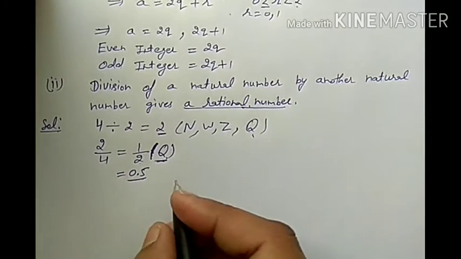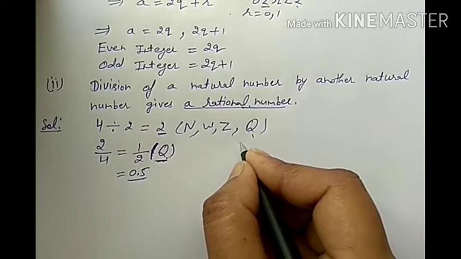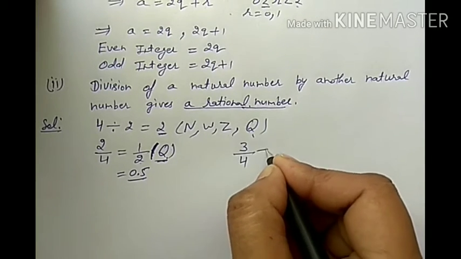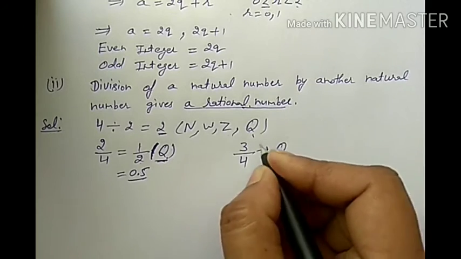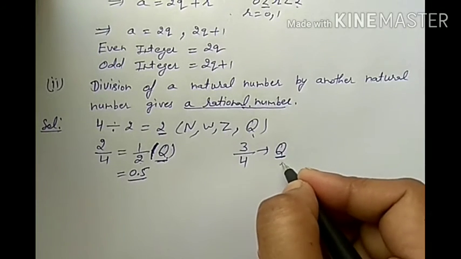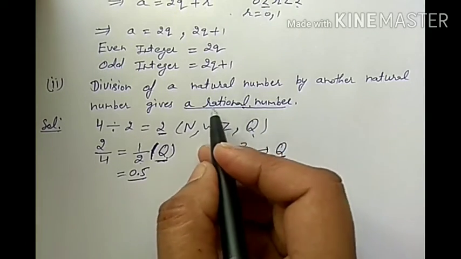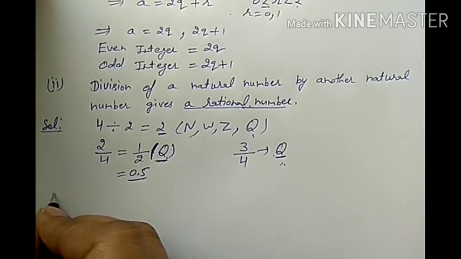If you take another example, 3, a natural number, divided by 4, then this is also a rational number. This is not natural, whole or integer. This is only a rational number. So our answer will be a rational number.